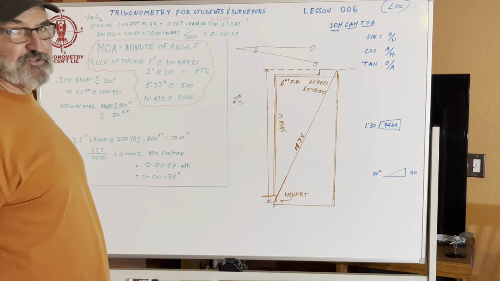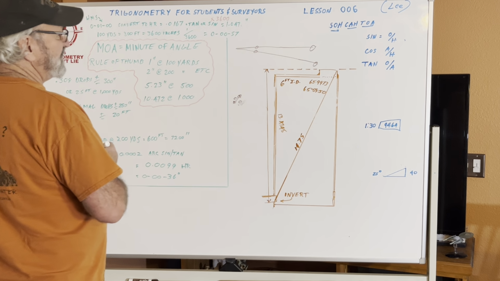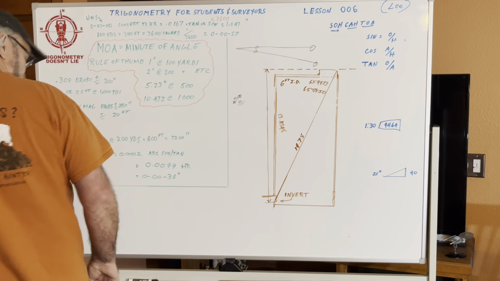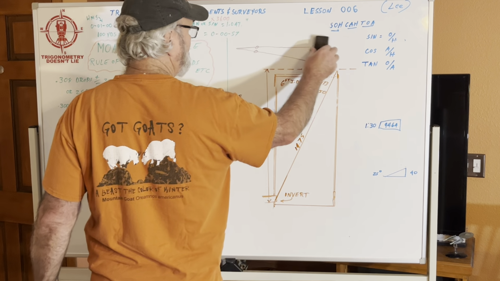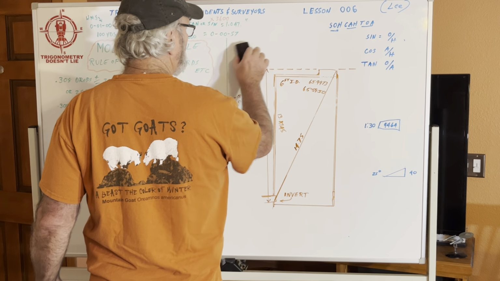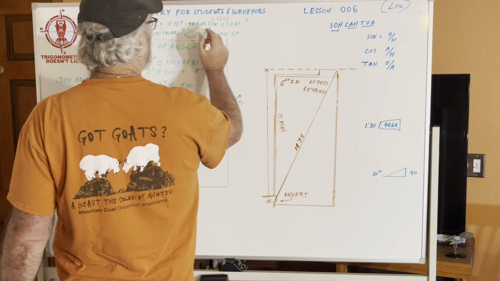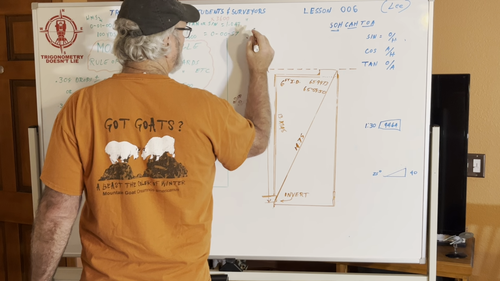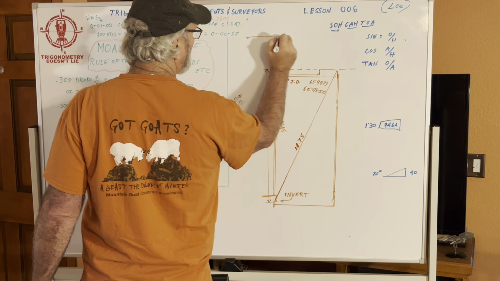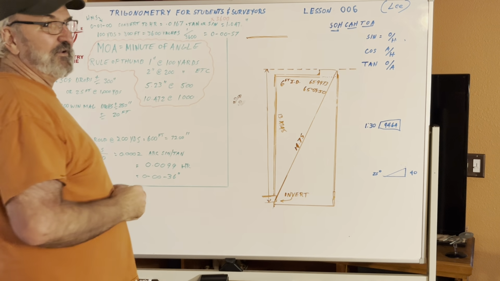Now when you get that, this might surprise you. You can use either tangent or sine. And why is that? Well, it's because of the triangle you have. You can look at that yourself. If you go 0.167, your triangle, that's your angle, is almost 2 parallel lines, but they're not quite.